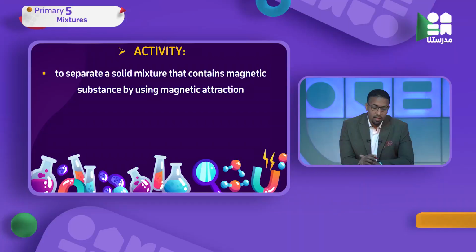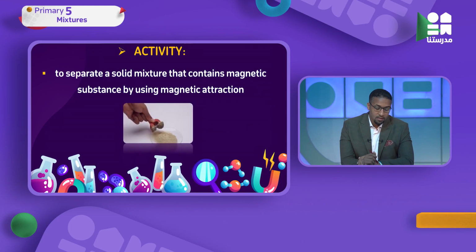So let's do an activity to separate iron filings from sand. To separate a solid mixture of iron filings, which contain magnetic material, iron, and sand, what will we use? We have the information that iron is attracted to a magnet, so we can use magnetic attraction.